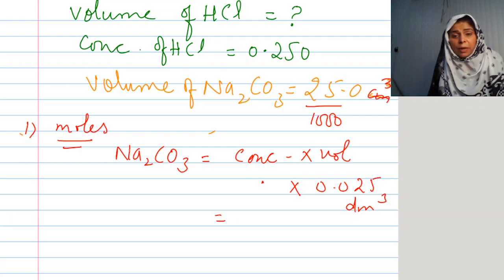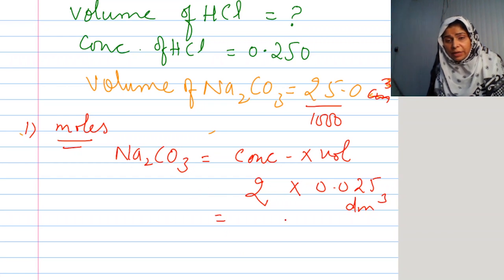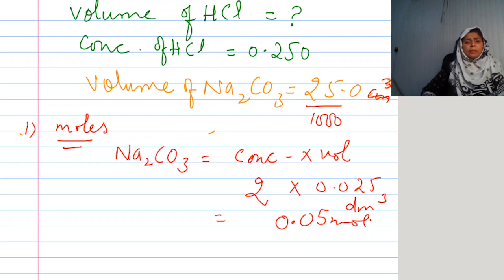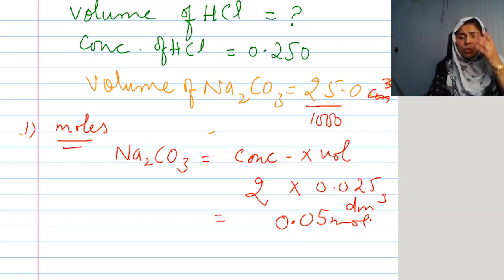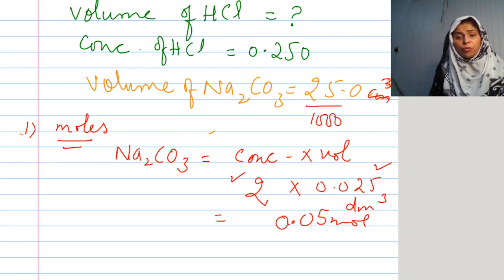Multiplying 2 by 0.025, the answer is 0.05 mole. So guys, remember this question is interlinked. We get the moles of Na2CO3.